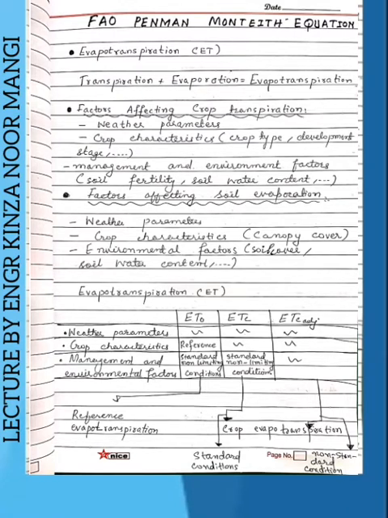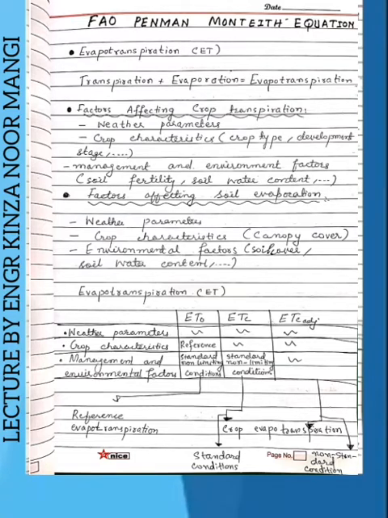Evapotranspiration is basically a process in which, when a crop or any soil or plant surface is irrigated, it gets some water. Then the roots of the plants start to take that water to the leaves, and transpiration takes place from the plant's body through the stomata. That's basically transpiration.